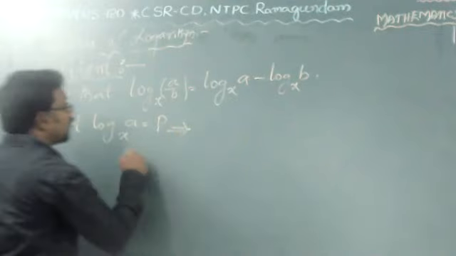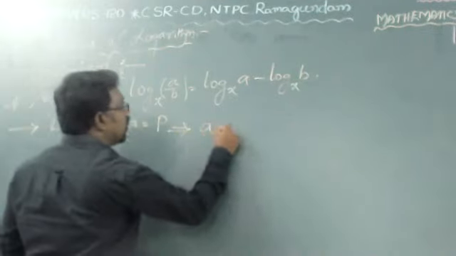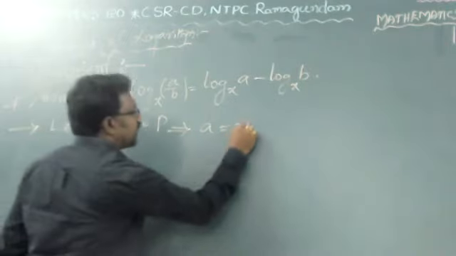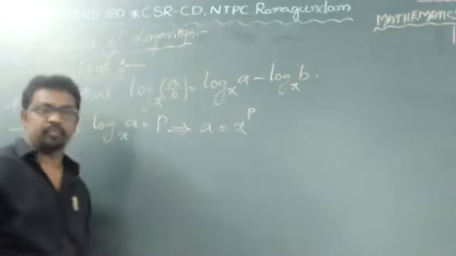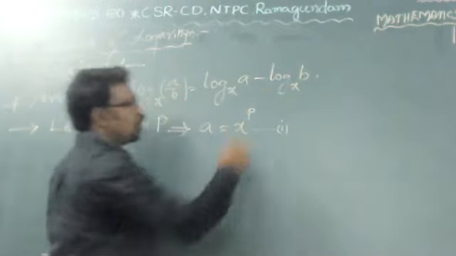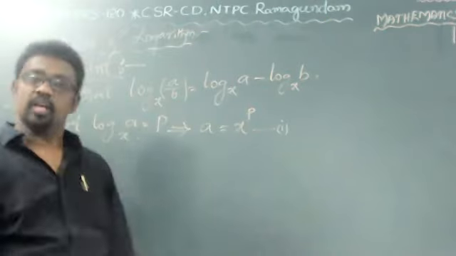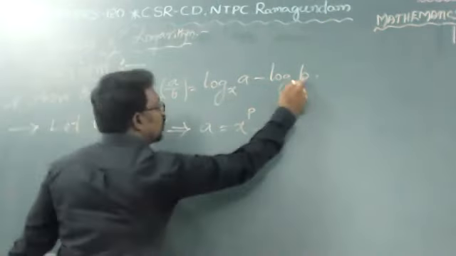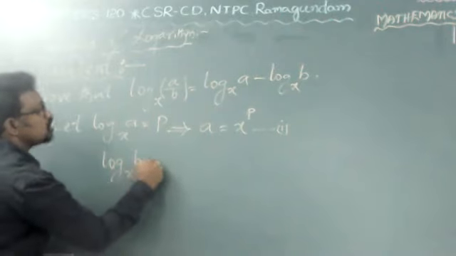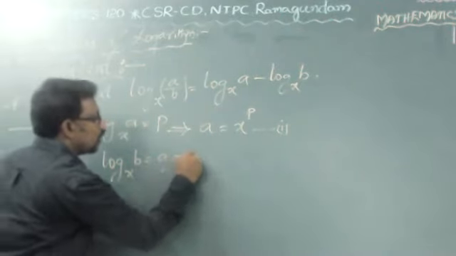That implies A is equal to x power p. A is equal to x power p. Again, that is the first equation. Same like that here, log B to the base x is equal to q. What you'll get?